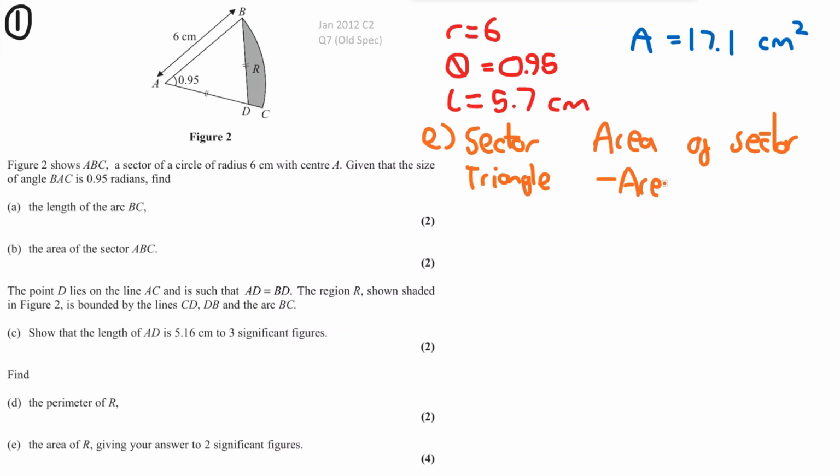So the area of the triangle. We already know the area of the sector. We figured it out in part B. It's 17.1. And the area of the triangle, we know that AD is 5.16. And that means we have two sides and the angle in between, which means we can use the area for a triangle.